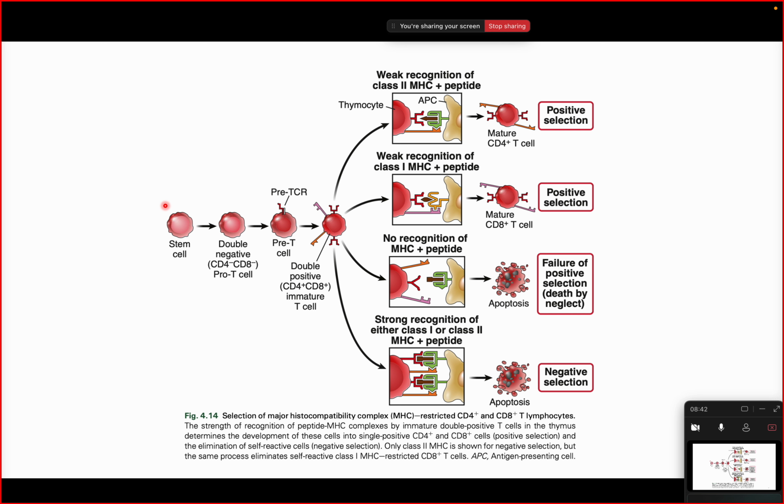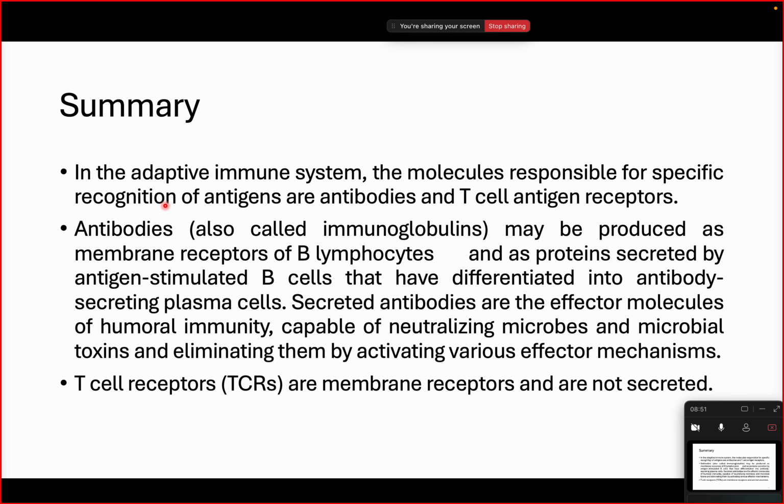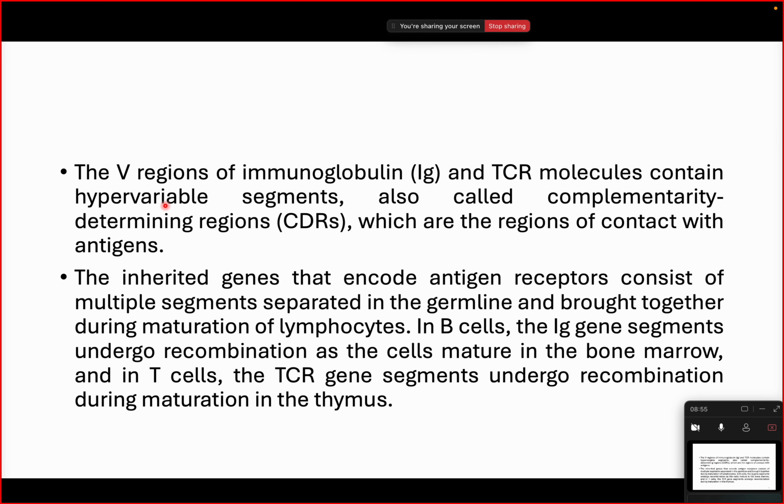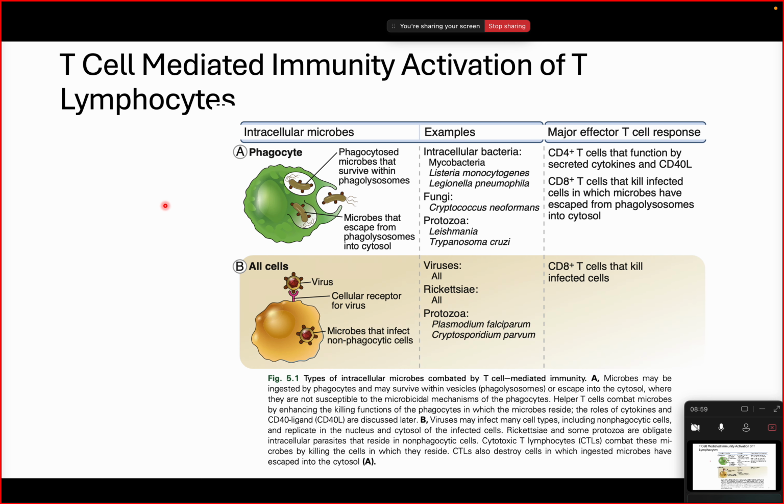Then we also saw how CD4 and CD8, which are the T cell receptors, right, are selected in the system. Then we saw the overall summary of T cell receptor structure, how they function, and what things happen inside the cell.